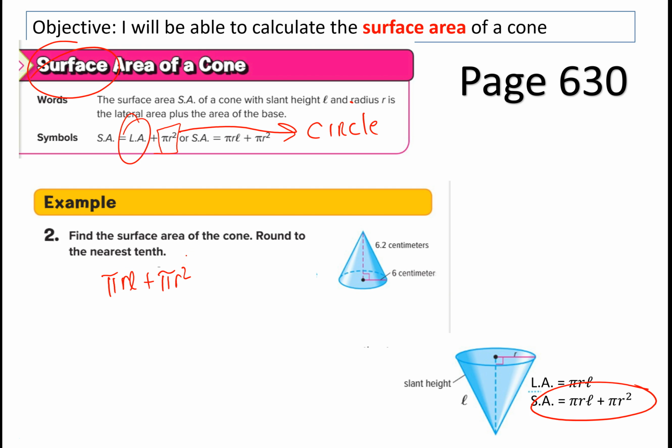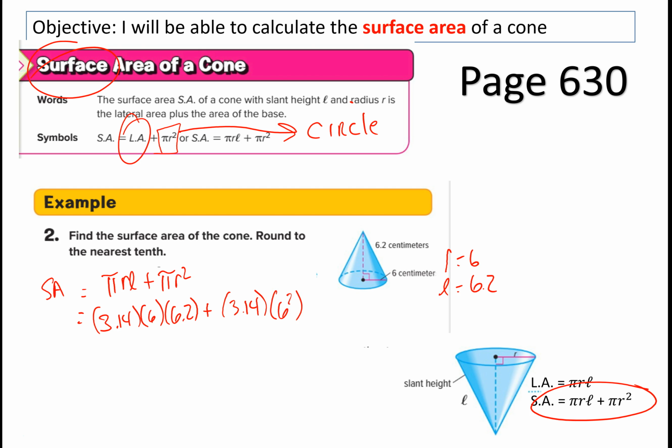In this case, our radius is 6 and our slant height is 6.2. So our total surface area is going to be 3.14 times 6 times 6.2. That's our lateral, plus pi times our radius squared.